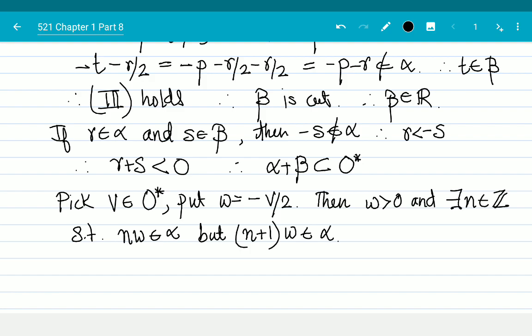Okay, so let p be equal to, in that case, negative of n plus 2w.